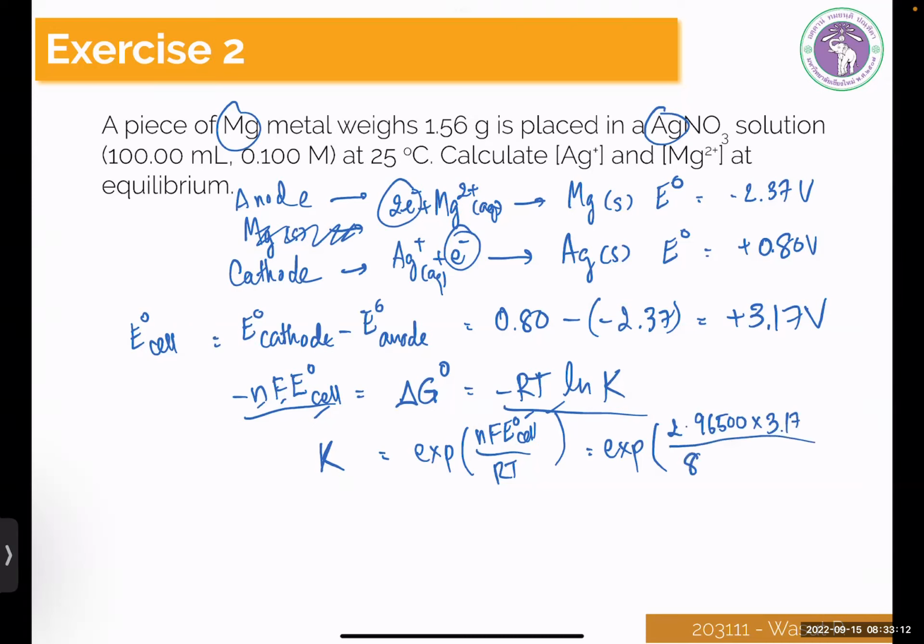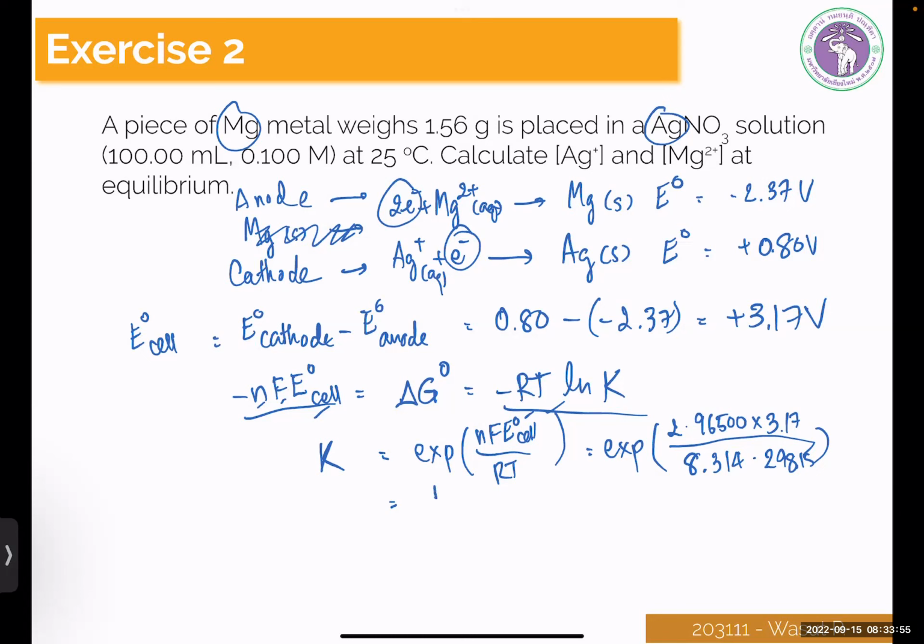So I can plug everything in just like that. And my value of K will be quite high actually. Yes, it's very high.